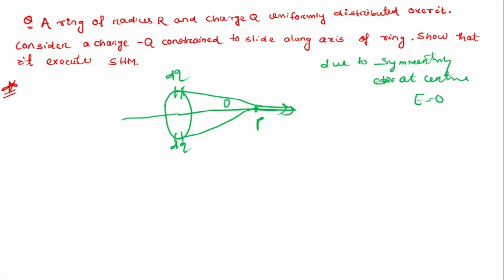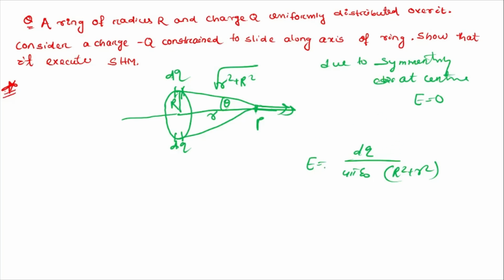Let's say this makes an angle theta, and this is some distance r apart, radius is r. This will be square root of r square plus r square. And electric field will be dq over 4 pi epsilon naught into r square plus r square, and only the horizontal component will be there and the vertical component will be cancelled out.